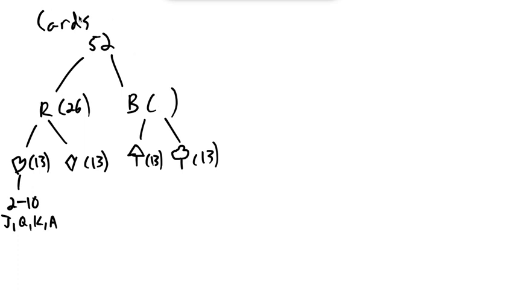So your cards are either red or black. They're either hearts, diamonds, spades, or clubs, and they can be a 2 through 10 or a Jack, Queen, King, or Ace.